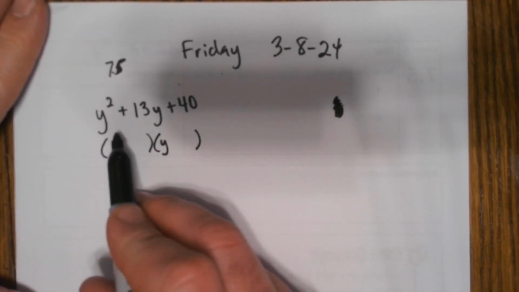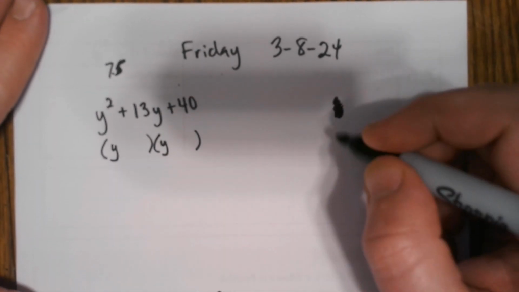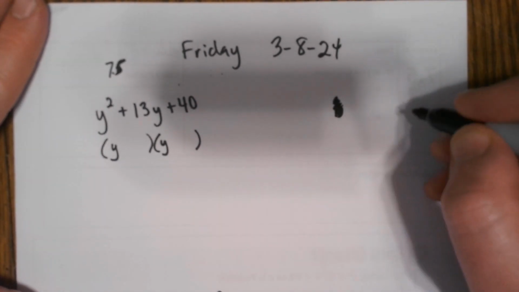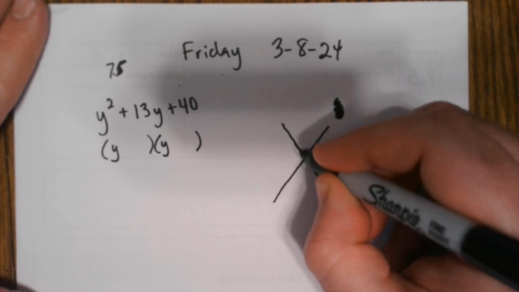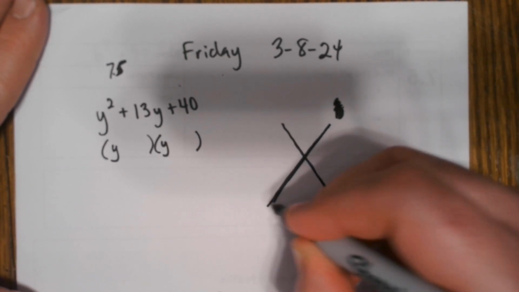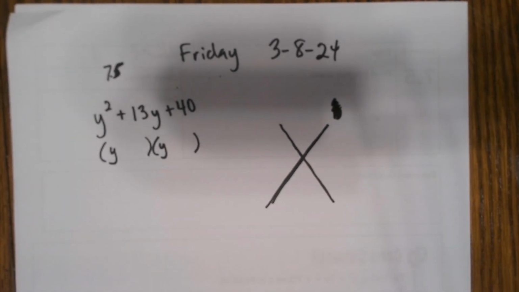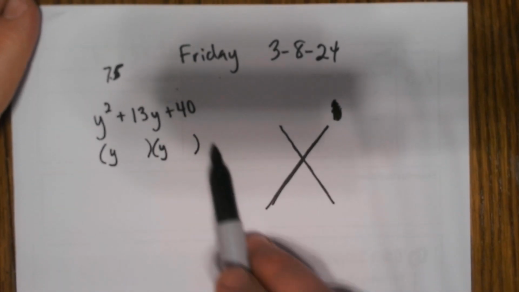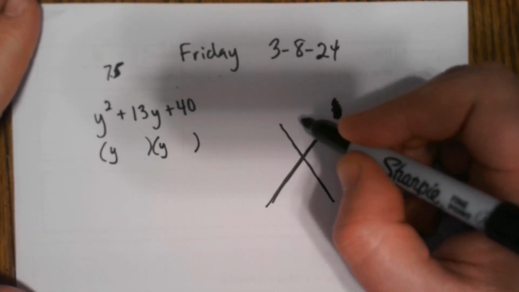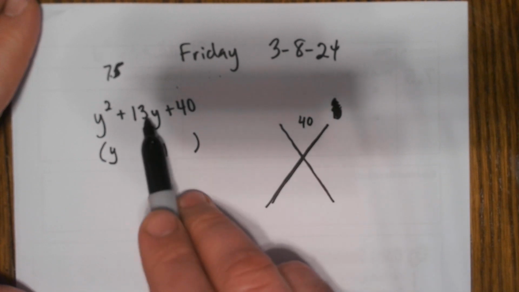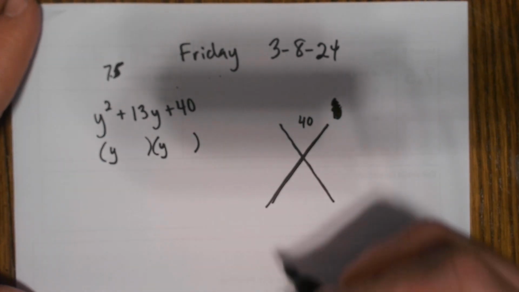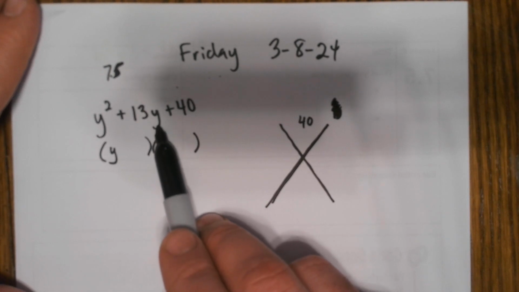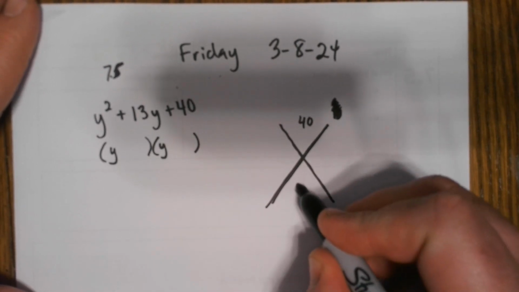Remember, our strategy is to follow the X game model from our Bell work that we've been doing for weeks on Delta Math. So this number goes on the top, and the 13, the number in the middle, the number on just the y term, goes on the bottom.